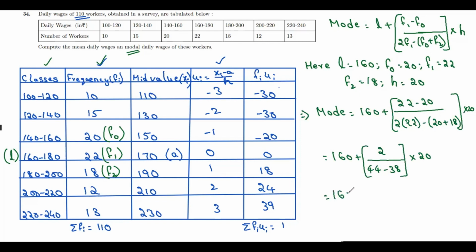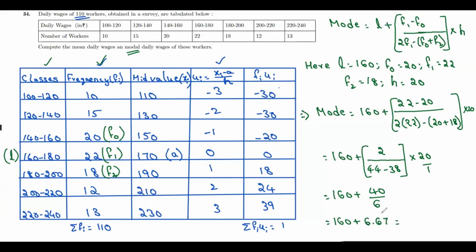So 160 plus 20 into 2, which means 40, because numerator into numerator is 40. 44 minus 38 is just 6. So 160 plus 40 divided by 6. So 40 by 6 is nothing but 20 by 3, which means 6.6 or 6.67.